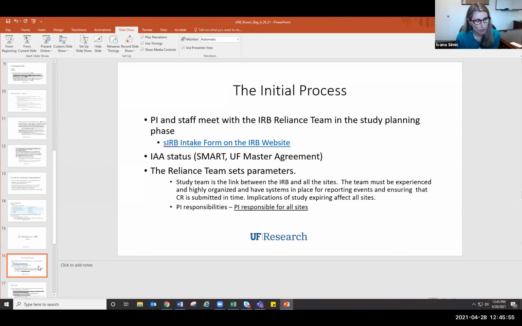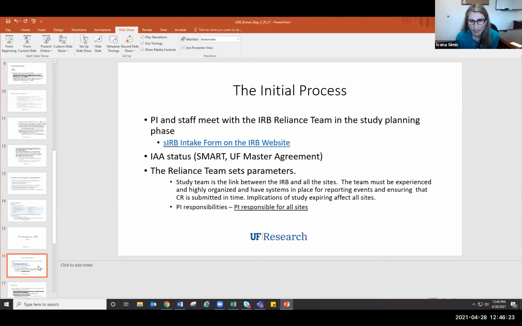So here is the initial process. We have collaborated with our friends from DSP to get a report every time a multi-center study that says yes to human research is submitted as a proposal, and especially when it's awarded. We get a little email that says this is happening, and that gives us insight into what's coming our way, because sometimes people forget to engage the IRB until it's a crisis.